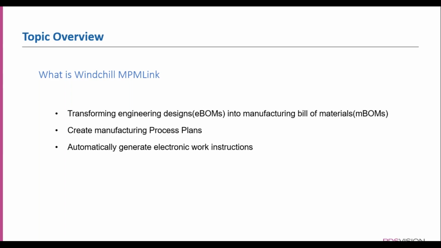MPMLink gives us the possibility to create the process plan, and after that, each and every process plan has its own work instruction, which is an electronic work instruction, and it is automatically generated. So once you have set up all the steps and all the information necessary, we can automatically generate an electronic work instruction in Windchill.